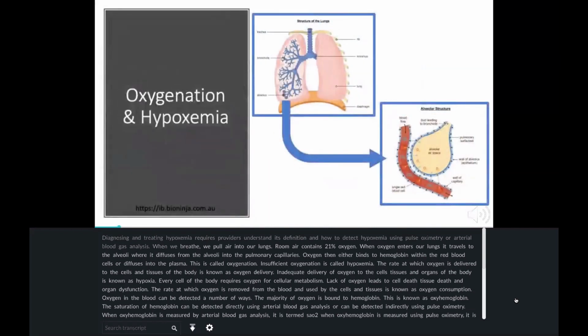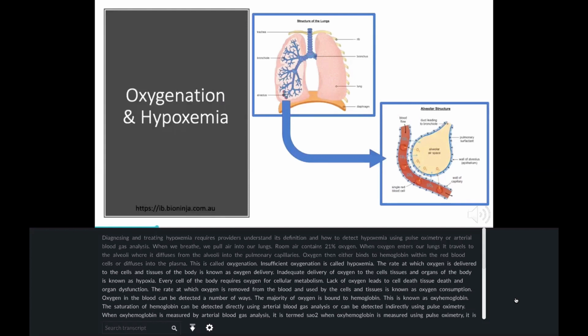When we breathe, we pull air into our lungs. Room air contains 21% oxygen. When oxygen enters our lungs, it travels to the alveoli, where it diffuses from the alveoli into the pulmonary capillaries. Oxygen then either binds to hemoglobin within the red blood cells or diffuses into the plasma.